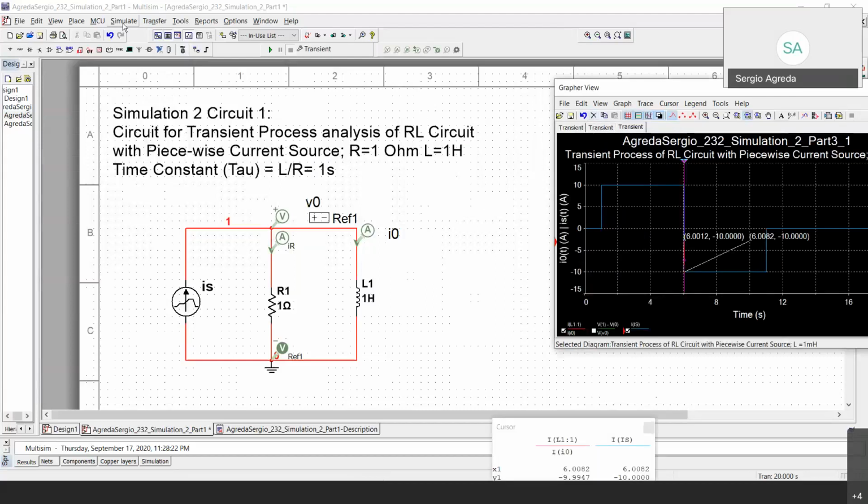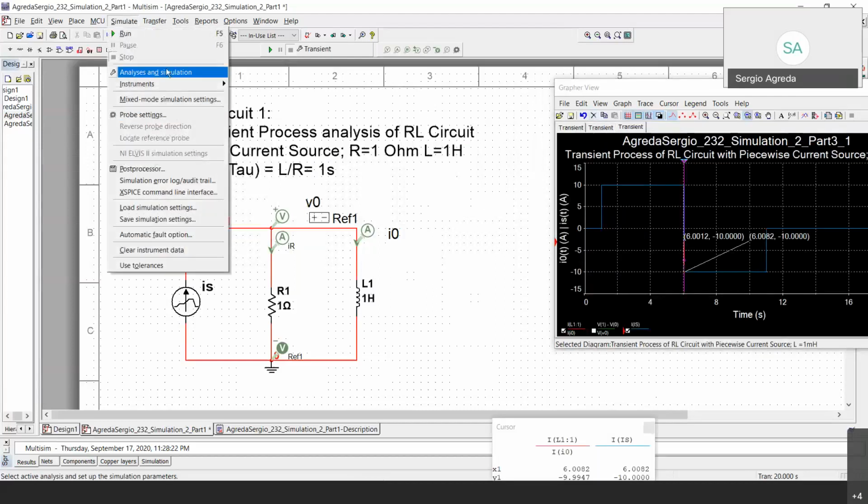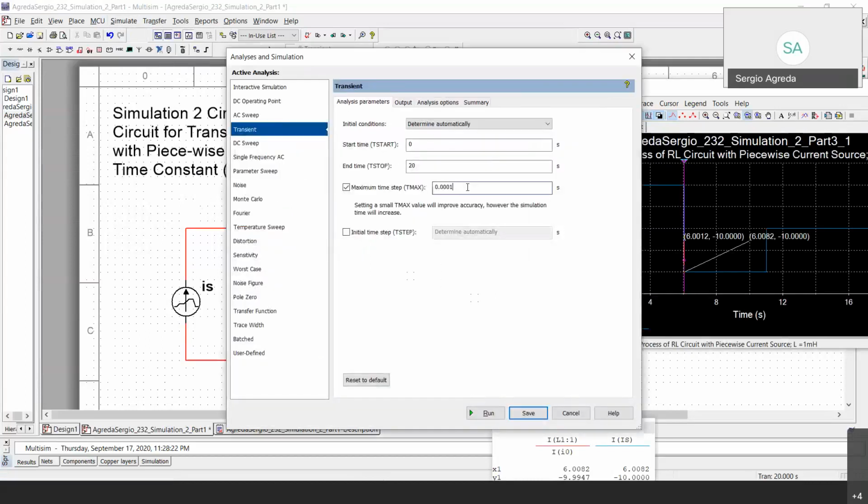Moving on, if you do plan to do them, watch out for your maximum time step. Usually these are the deviations of how much calculation Multisim will do for each single point. Don't put too many, but don't put too few, because sometimes it will load really slowly, depending on what type of system you are simulating.